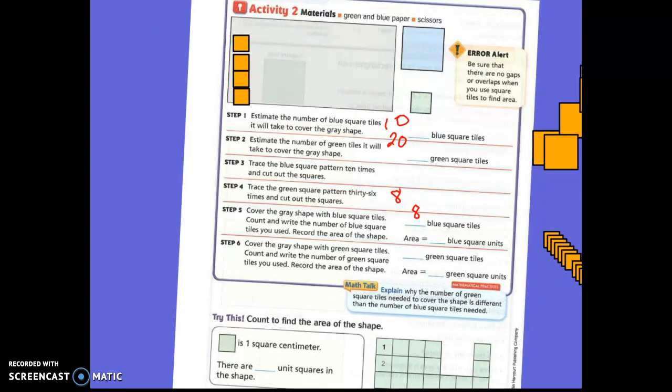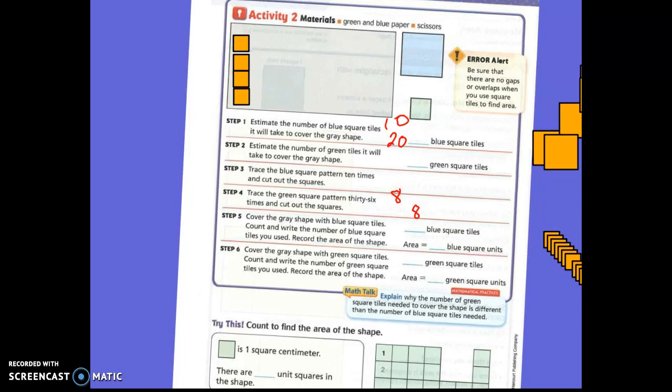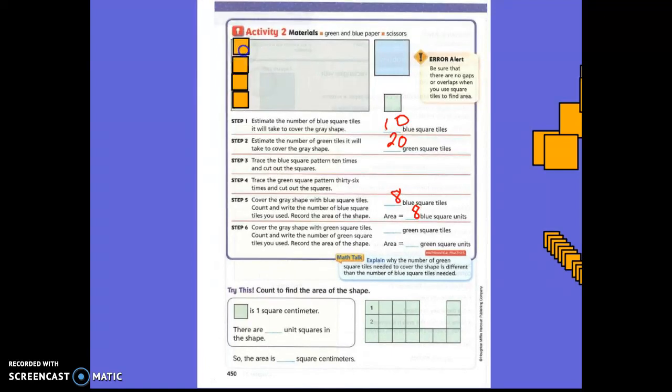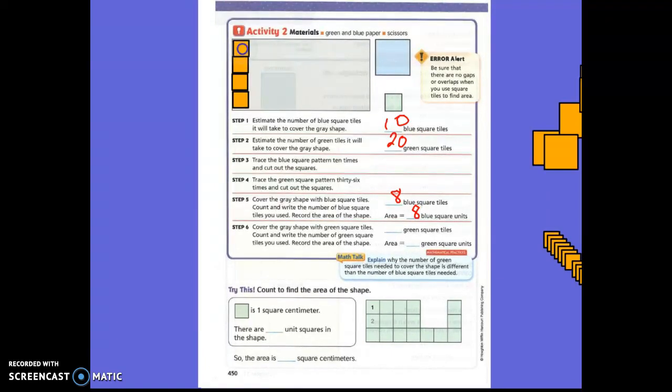Okay. I may not have made these square tiles exactly what it's supposed to be, so pretend like there's not a gap.